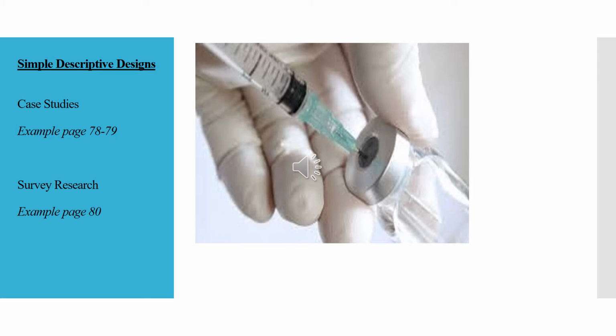Researcher uses case studies and surveys, which are two common types of simple descriptive designs. Surveys are used primarily to obtain results that can be tallied. Please find examples of case studies on pages 78 and 79 of our text, and the survey research example is on page 80.